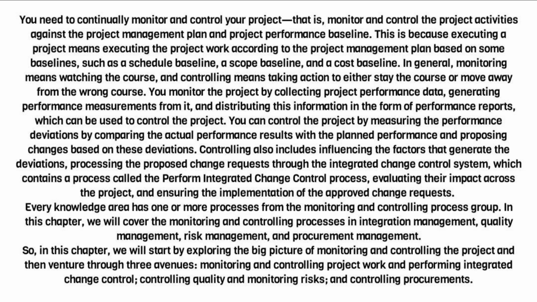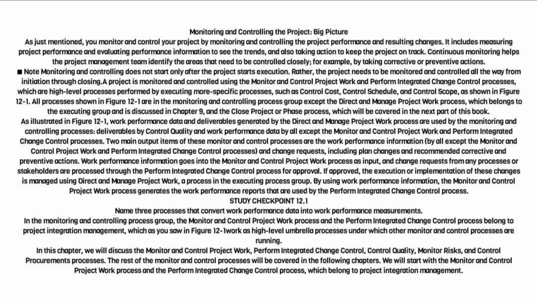In this chapter, we will cover the monitoring and controlling processes in integration management, quality management, risk management, and procurement management. So, in this chapter, we will start by exploring the big picture of monitoring and controlling the project and then venture through 3 avenues: monitoring and controlling project work and performing integrated change control, controlling quality and monitoring risks, and controlling procurements.